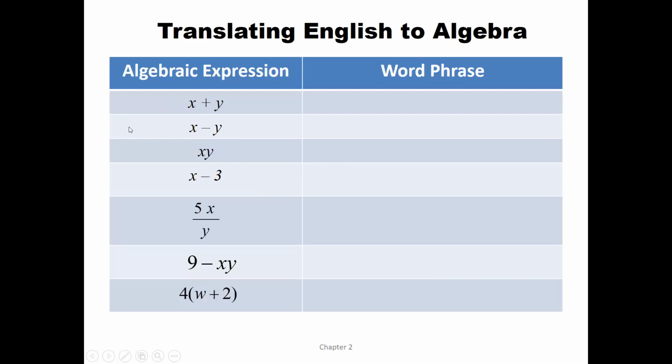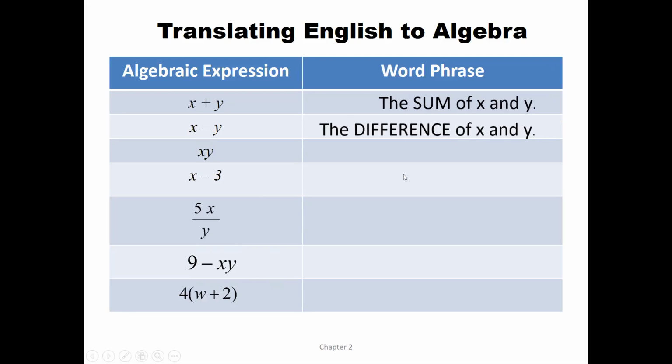Okay. So let's look at translating between English and algebra. So x plus y is the sum of x and y. Remember, the sum is what happens when you add. X minus y is the difference of x and y.